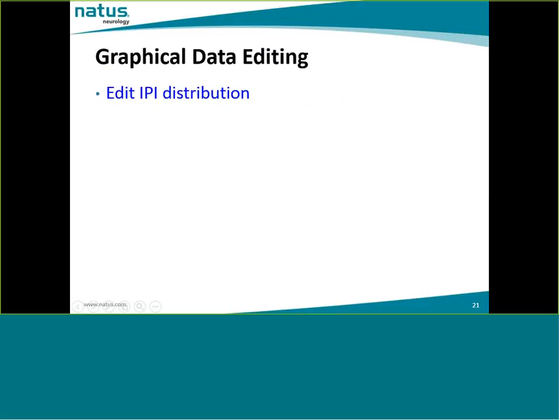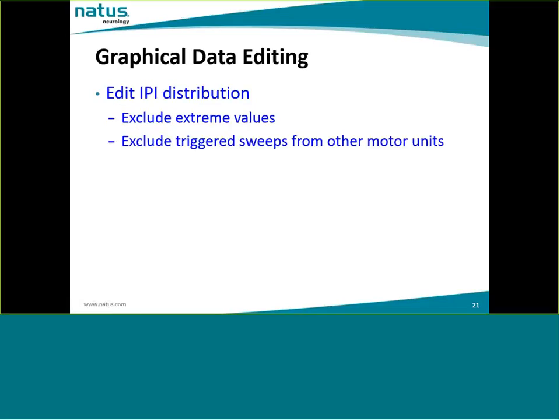So with graphical data editing, we are essentially looking at editing. We are going to edit the distribution of interpotential intervals. So the first step in our editing is to exclude any extreme values. The next step is to exclude triggered sweeps from other motor units.